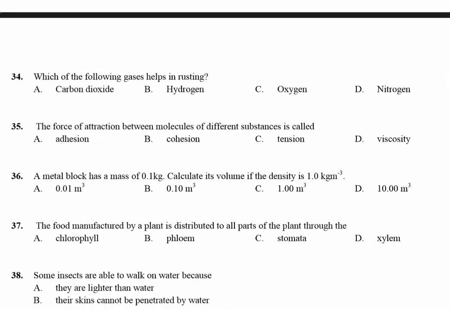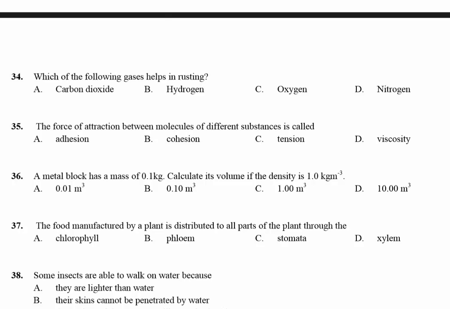Which of the following gases helps in rusting? The answer is C, oxygen. 35. The force of attraction between molecules of different substances is called adhesive. The answer is A.